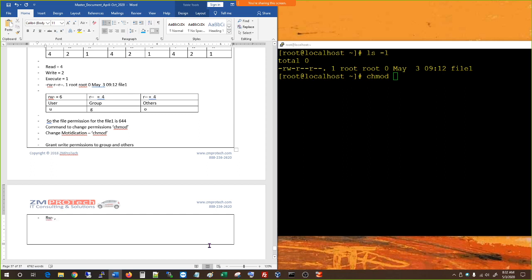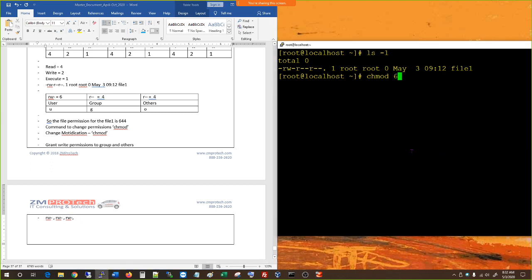And then I'm gonna give read write permissions to the group and read write permissions to others. Okay, so how do I do this? Can somebody help me here? Give me the number. What would be the number here? All we're doing is just doing the addition here. 666. Okay, true, very good.